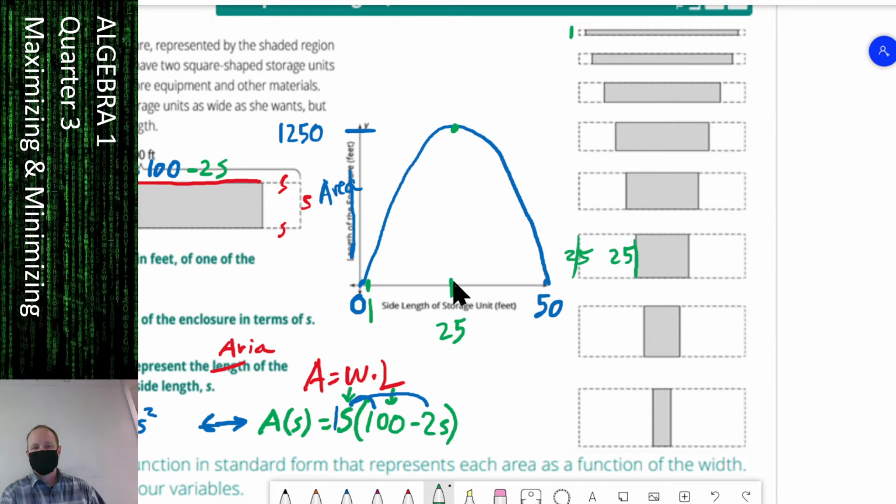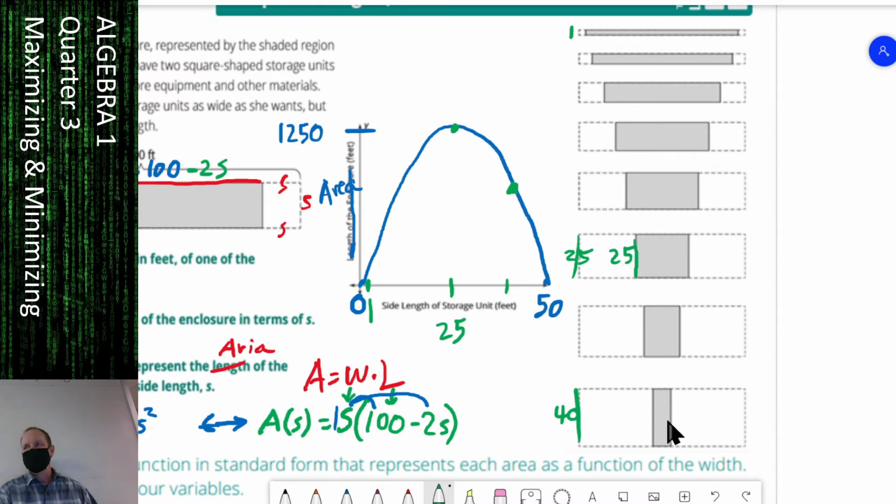But as soon as we start getting bigger than 25, if this is 30, if this is 40, then if we go over to 40 and we go up, you can see we have a skinnier, smaller area. So there's a sweet spot that's kind of in the middle. And generally, the bigger the area, the closer it is to a square.